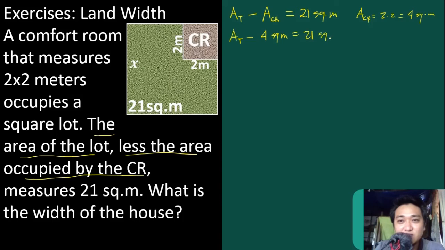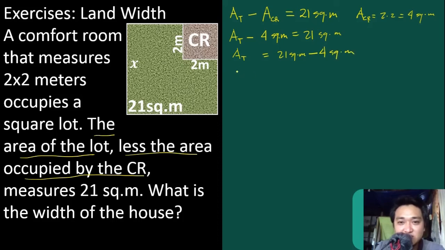21 square meters. Or the total area, transpose natin si negative 4 square meters to the other side of the equation. That is equivalent to 21 square meters minus 4 square meters.